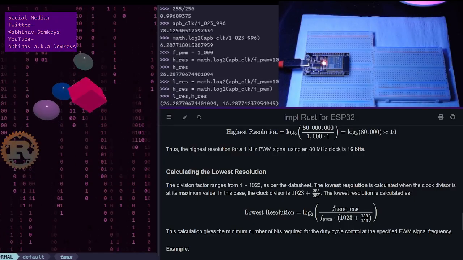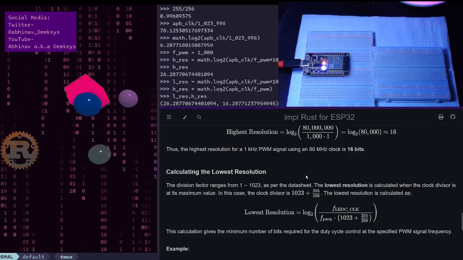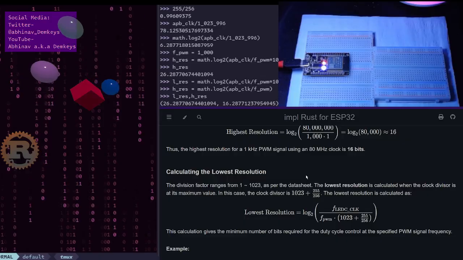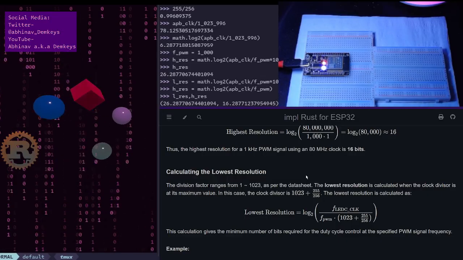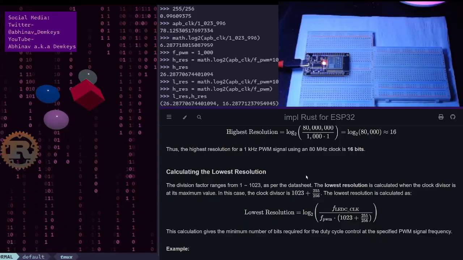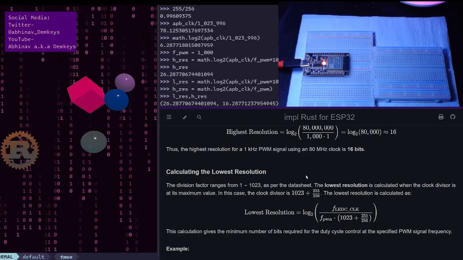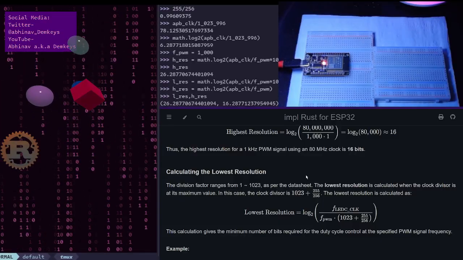Okay, here's a breakdown of why the numbers appear flipped. Defining the highest resolution: in PWM, resolution refers to how many bits of control you have over the duty cycle. Highest resolution, 16 bits. You have 2 to the power 16 possible duty cycle steps.